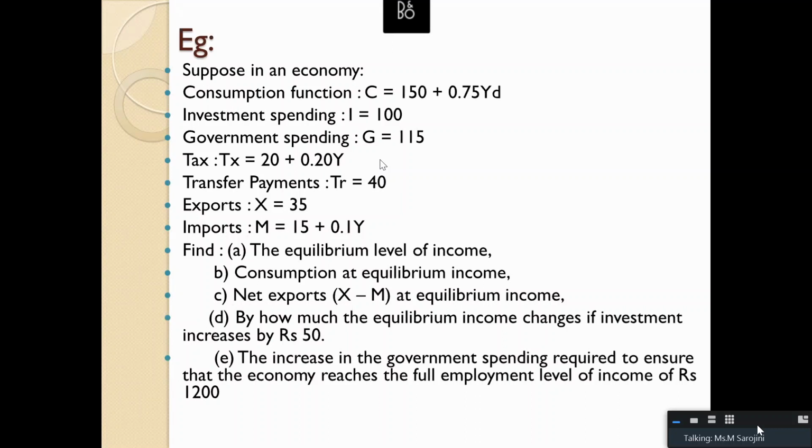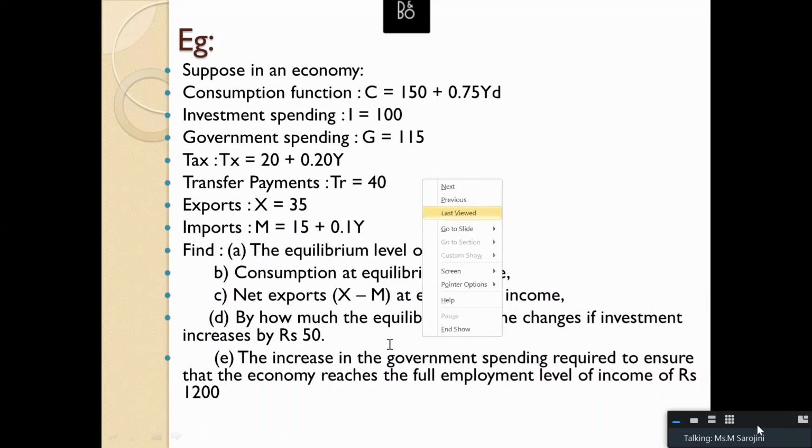How much should the government spending increase to raise the national income to the full employment level of 1,200?